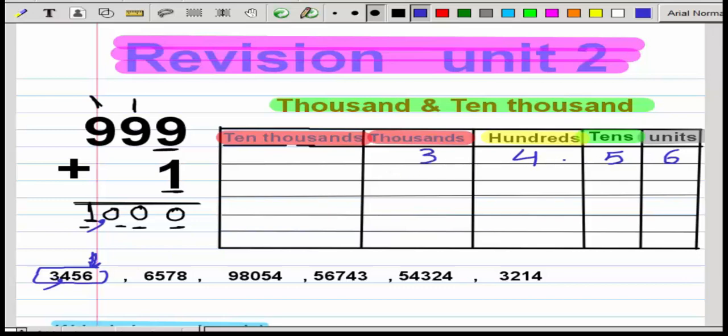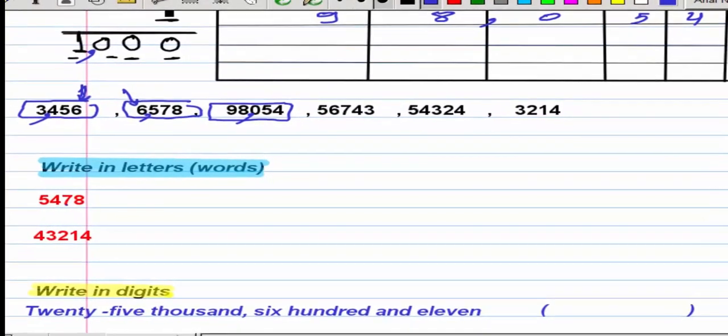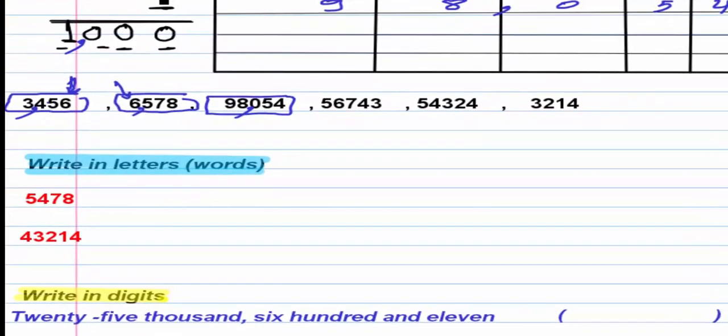Again, if we want to read this number, we can say 3000. Letters or words: he gave me a number in digits and we want to write this number in letters.